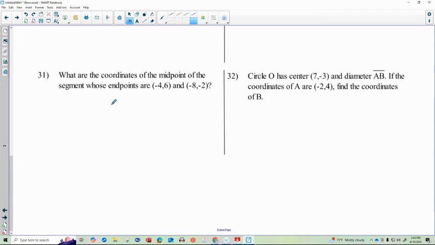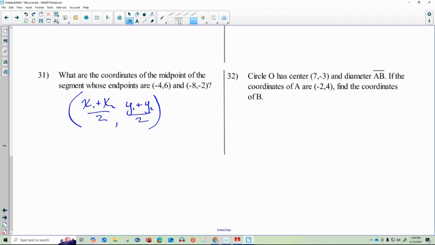So right here, they're pretty much asking for the midpoint. The formula is (x1 plus x2 divided by 2, comma, y1 plus y2 divided by 2), and it's a point, so it's all in parentheses.